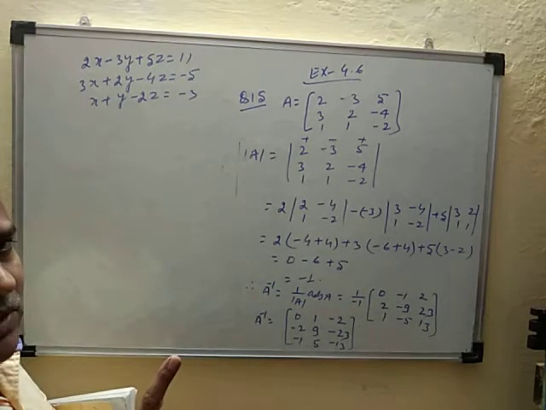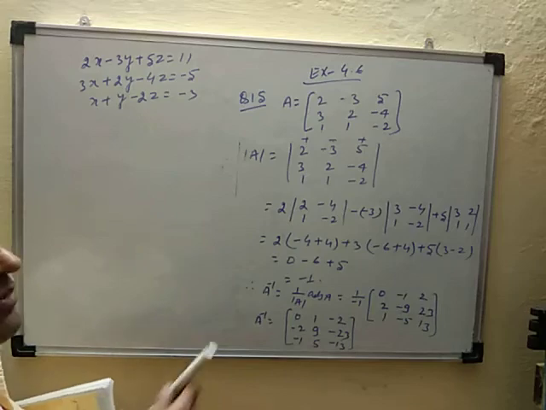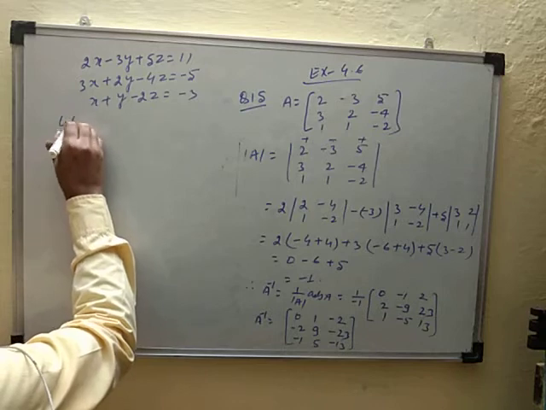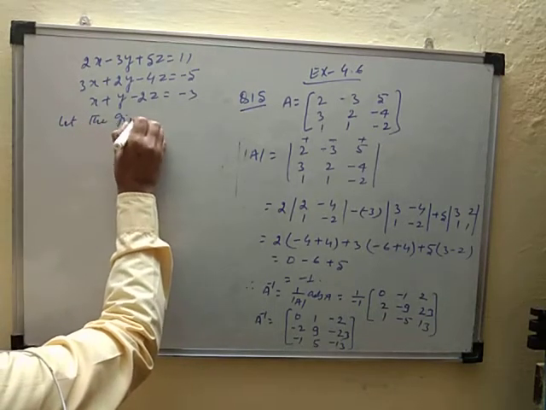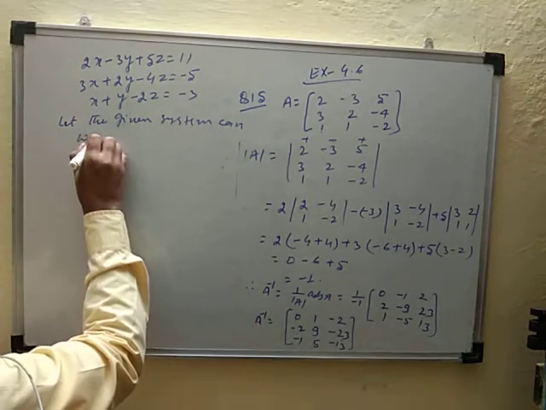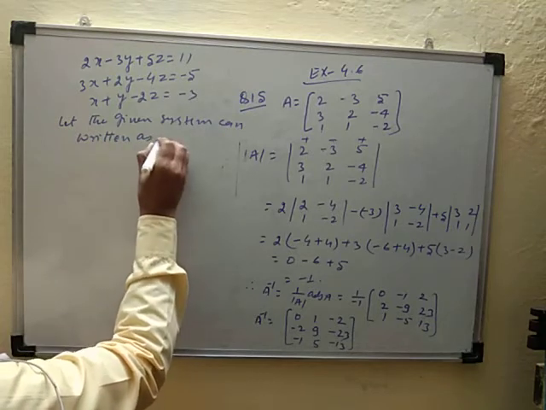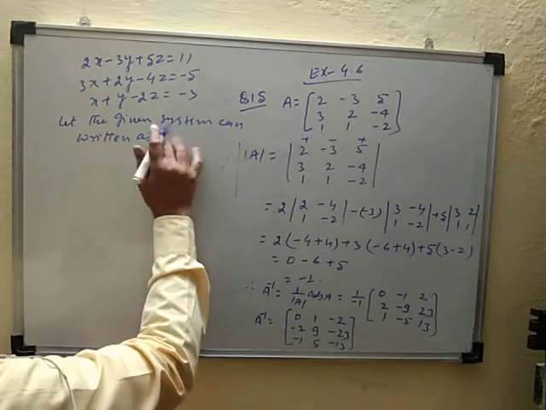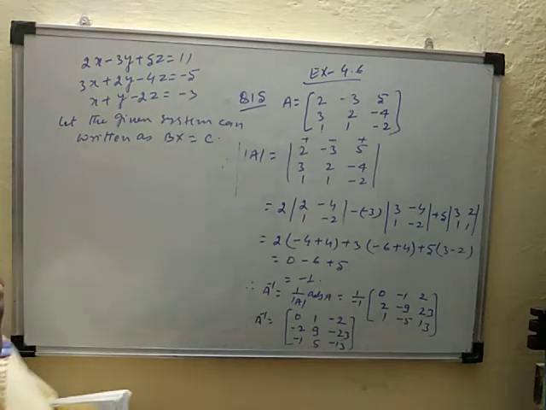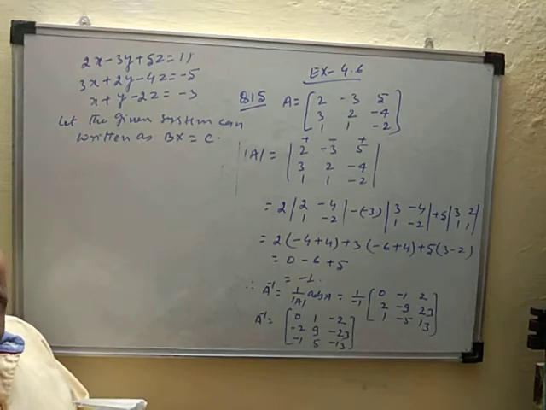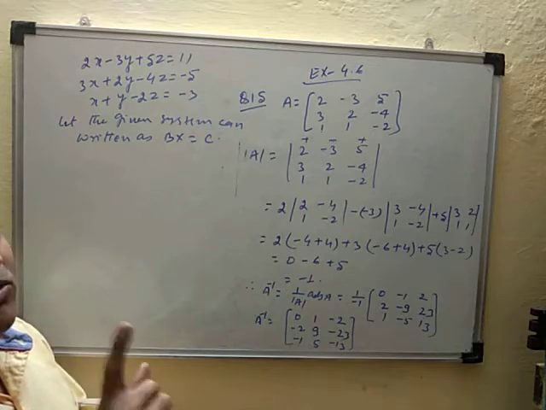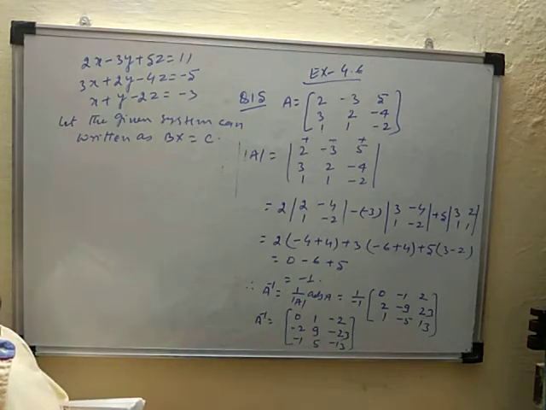So suppose the given system can be written as Bx is equal to C, because the letter A is already used. Suppose Bx is equal to C; B comes in place of A. There will be no confusion. Earlier we supposed Ax is equal to B, and now Bx is equal to C.